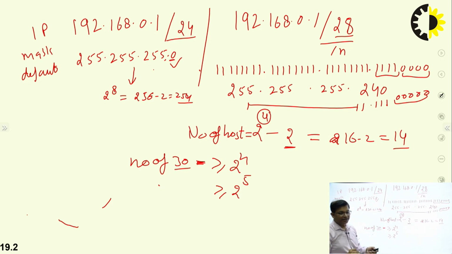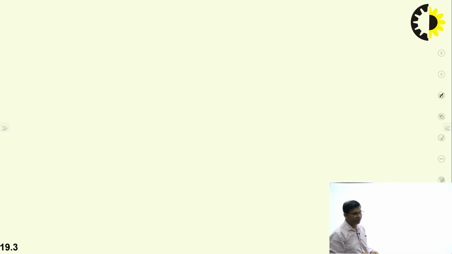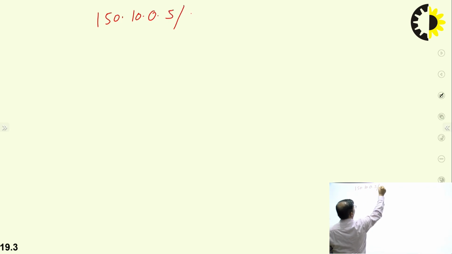So let's take another example, a few questions. For example, there is an IP address, let's say 150.10.0.5/21.